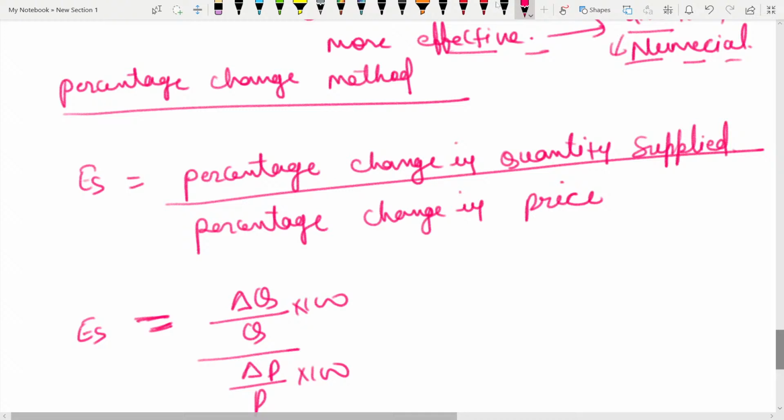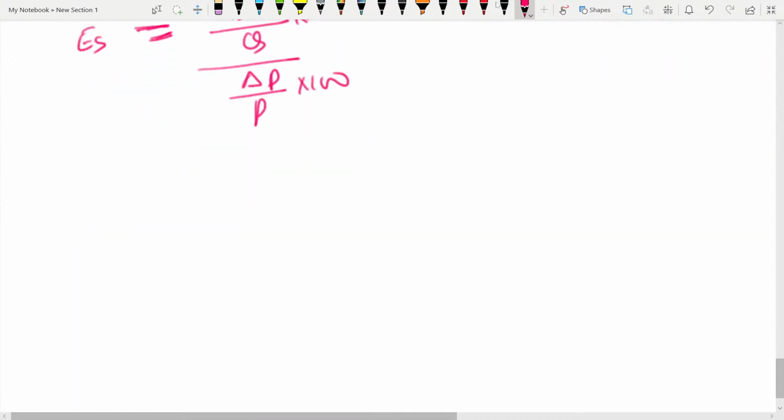Now, talking about the shape of the supply curve and elasticity of supply. The shape of the supply curve indicates the degree of elasticity of supply.